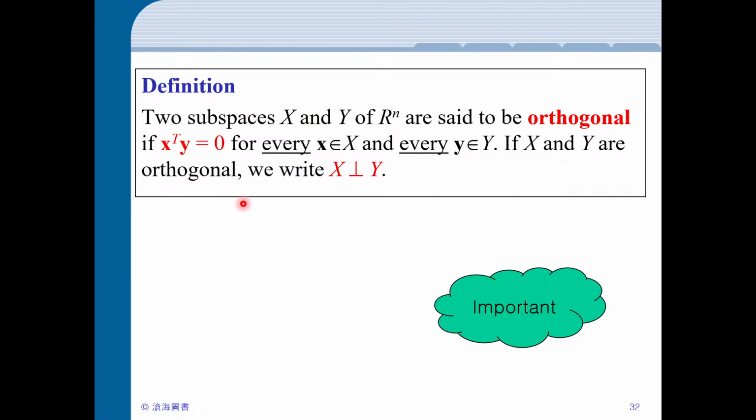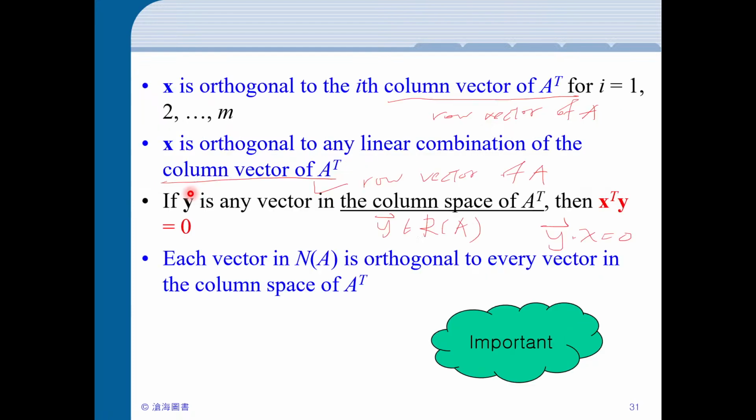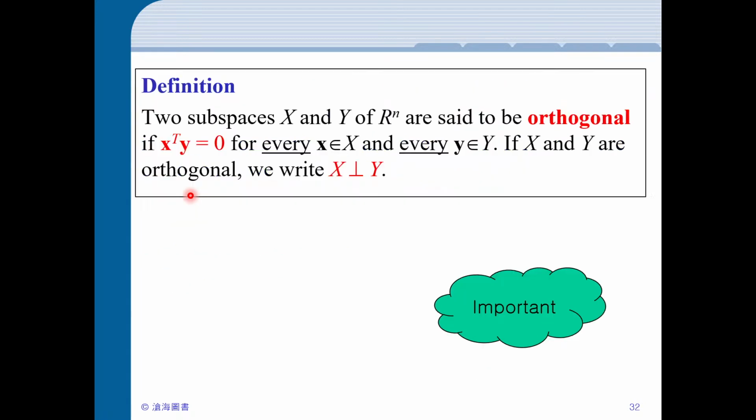And if X and Y are orthogonal, then we write this thing. Before we defined this notation only for vectors, but we also define this for spaces. So we say two spaces are orthogonal to each other if every vector inside them are orthogonal. It's a very strong requirement. And this is a bit of an extension of the rank-nullity thing we had before, as we'll see more.